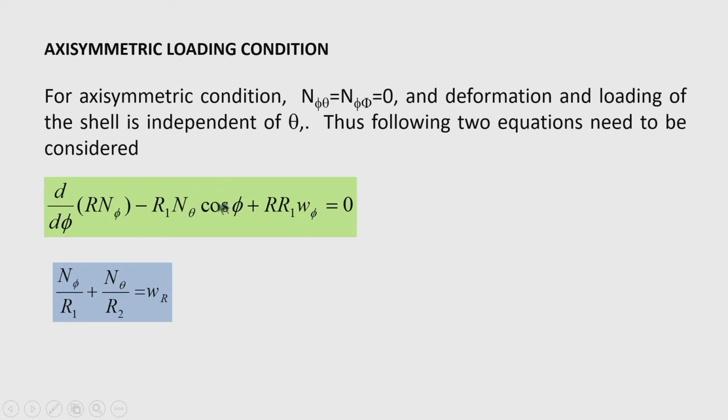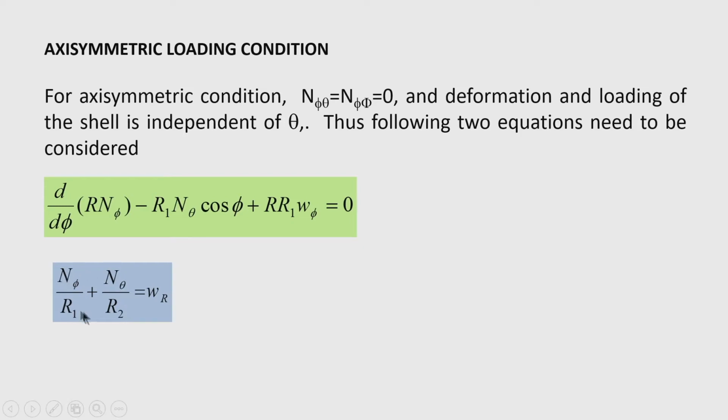That equation consists of only two variables, one is N phi and another is N theta. But the third equation, the equation of equilibrium obtained along the normal direction, I mean here the direction along the normal to the tangent at the meridian.